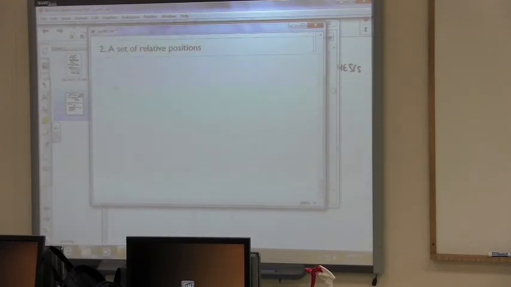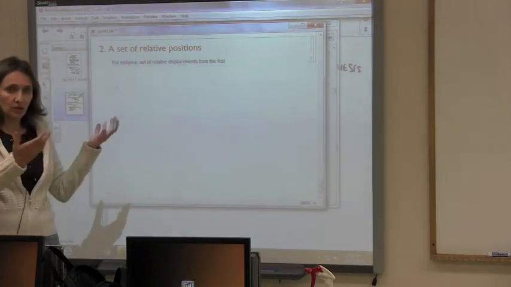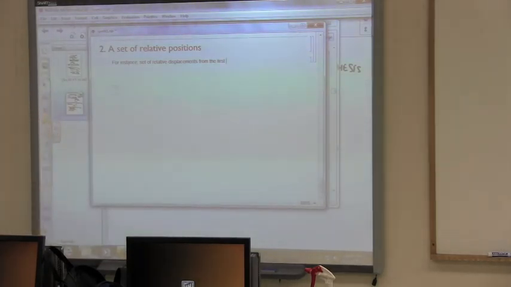For instance, a set of relative displacements from the first position. We can take any one as the reference configuration. In this case, we take the first. You could take the 5th. Position of the previous example, and that was poses, right?